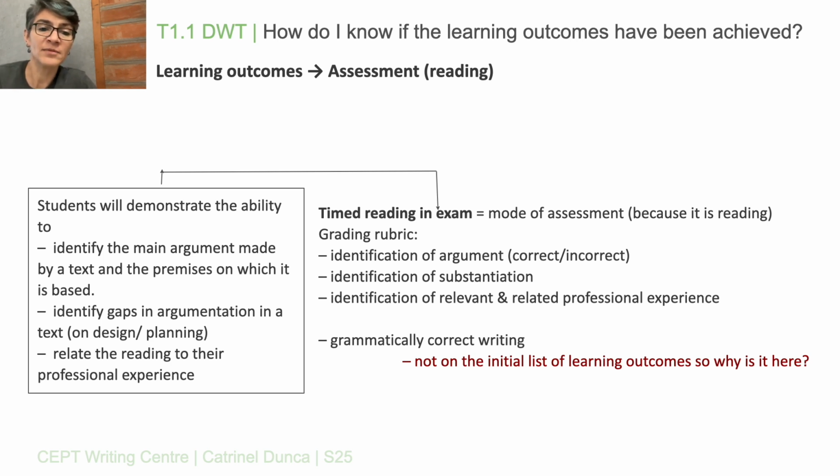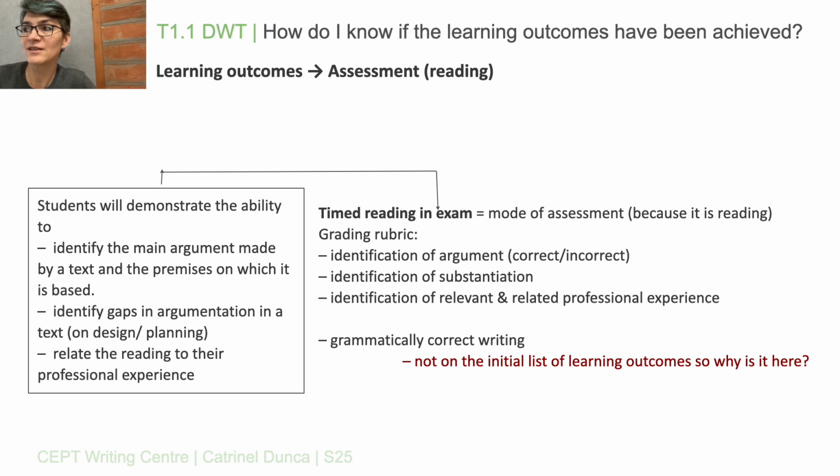At the same time, what I have done is to plan to check whether they write grammatically correct prose, grammatically correct text. Now, can I do this? Should I do this in the exam? While correct writing, correct grammar is crucial, is important, I did not set it up as a learning outcome from the beginning. And if I didn't do that, my test shouldn't measure for it.